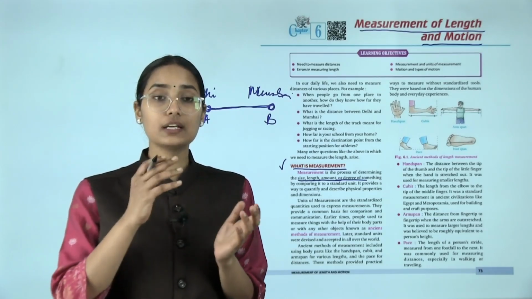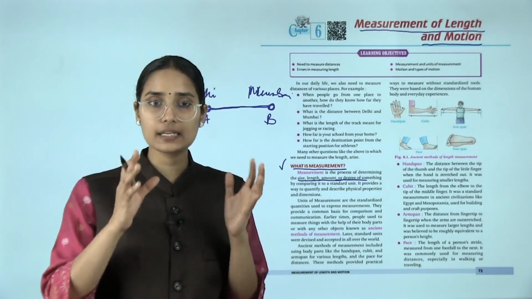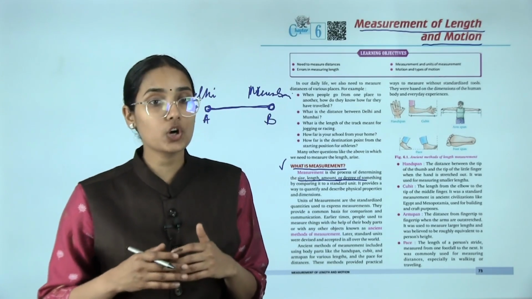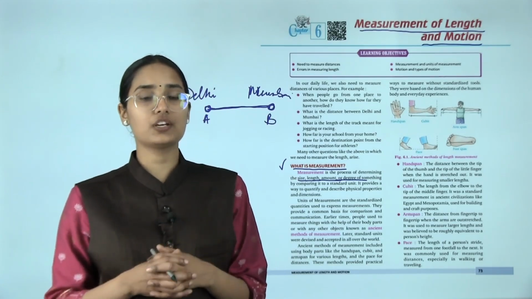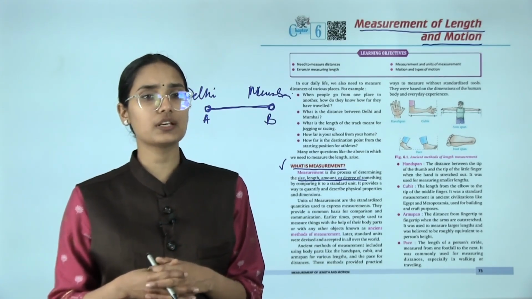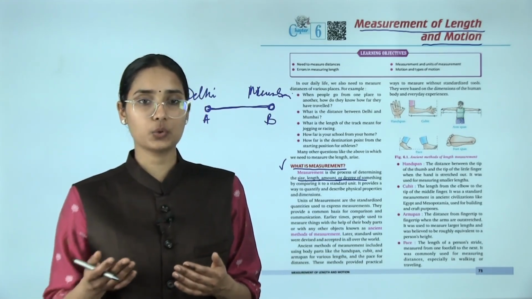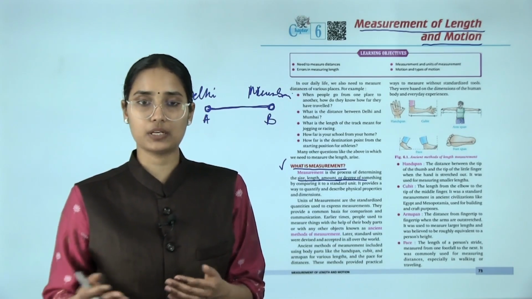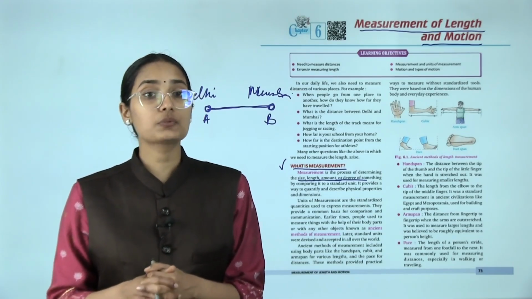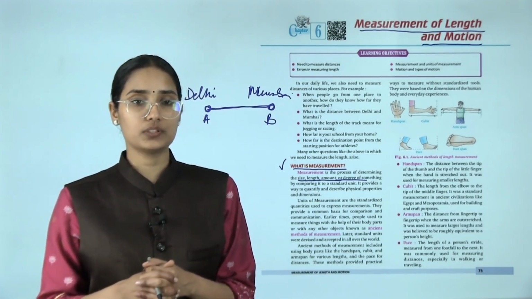Basically, to quantify things, there are standard quantities. They provide a common basis for comparison and communication. In earlier times, people used to measure things with the help of their body parts or other objects, known as ancient methods of measurement. Later, standard units were devised and accepted all over the world.